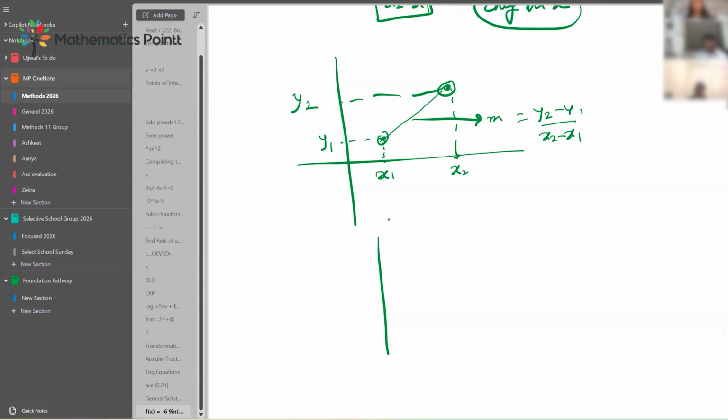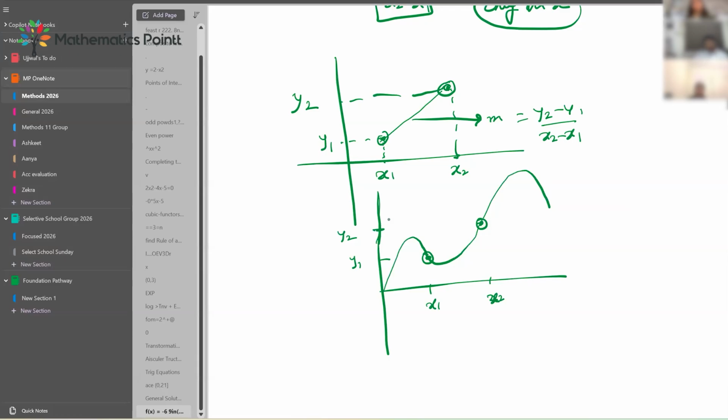I said, that's fine. What if we still have 2 points, x1, y1, x2, and y2, but this time, it's not a straight line. This time, it's a curve.